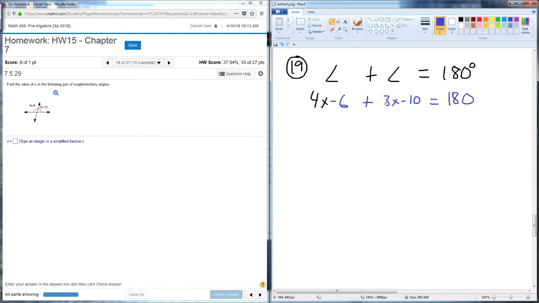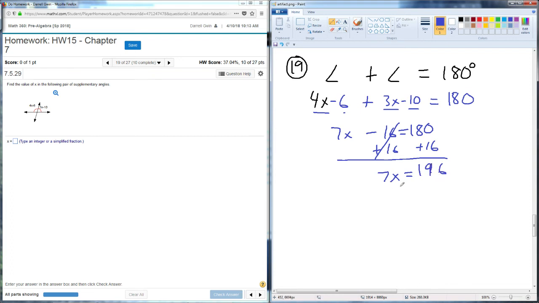You put those in parentheses, but it doesn't matter in this case because it's addition. 4 plus 3 is 7x, minus 6 minus 10 is minus 16. Step 1 is done. Step 2 is move the constants to one side, the add 16 step. 7x equals 196. Step 3 is done. Step 4, divide by the coefficient. 196 divided by 7.